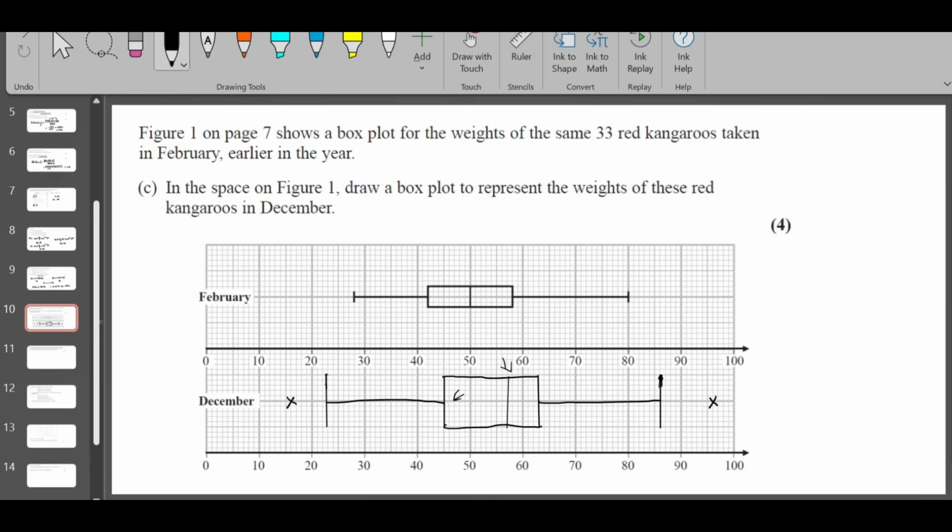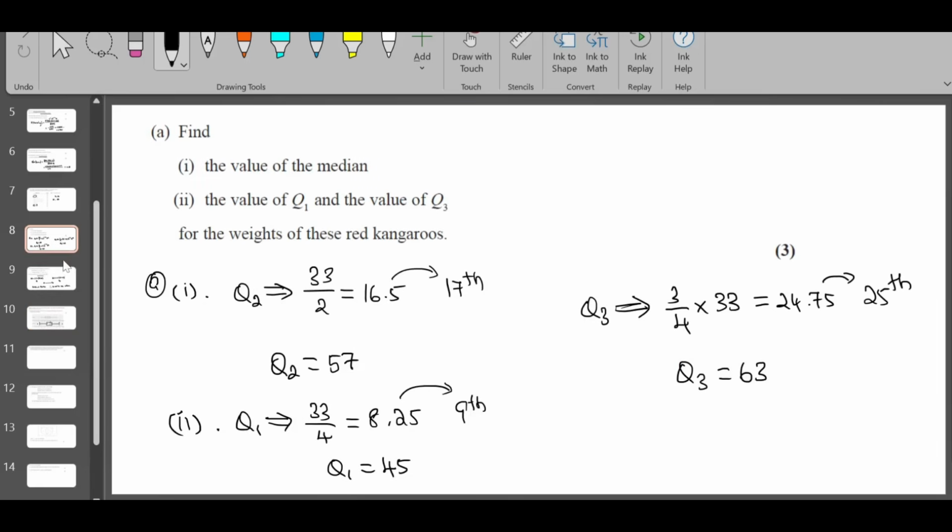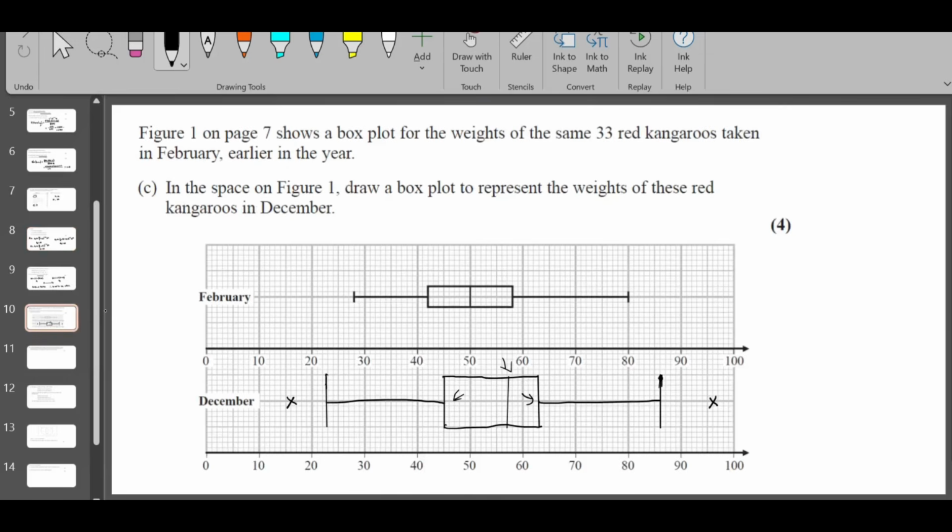And then let's look at the IQR, the interquartile range, of December. We know Q1 and Q3, right? Q1 and Q3 are 63 and 45. So here 63 minus 45, you get 18. That's the interquartile range. Here this value is almost like 58 is Q3, 42 is Q1, so you'll get 16.